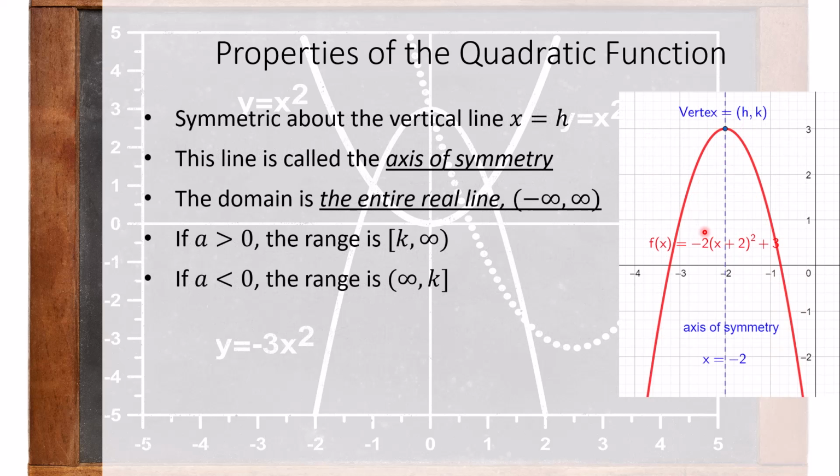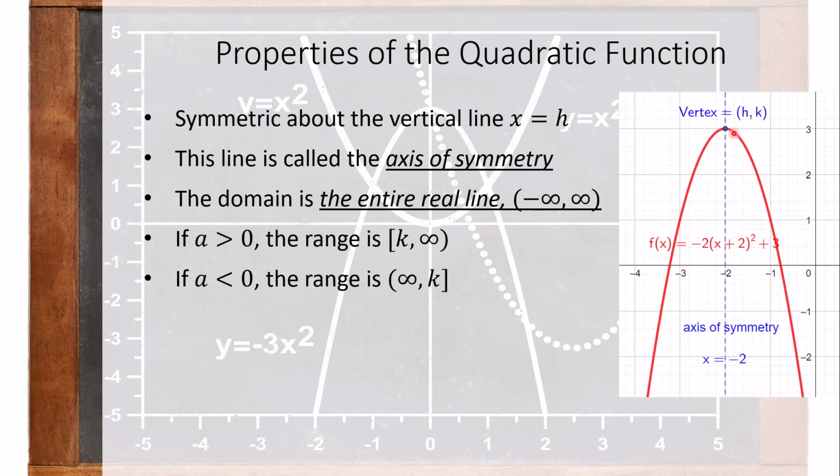Quadratic functions always have symmetry around the vertical line x equals h. In this particular case, h is negative 2, and we have x equals negative 2. The domain is the entire real line, and the range, remember, is all the y values that the function can put out.